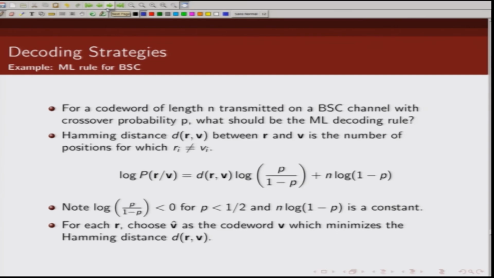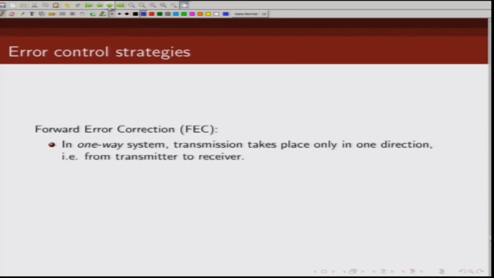We should choose a v such that d_rv is minimized. In other words, we should choose a code word v such that the Hamming distance between the code word v and the received sequence is minimized, and that makes sense. And that is our maximum likelihood decoding rule.